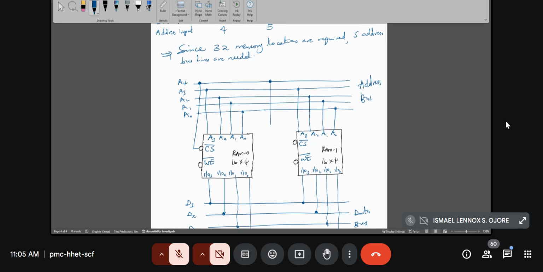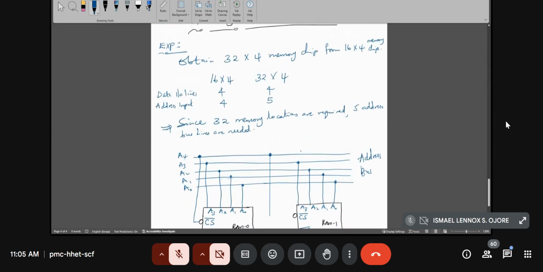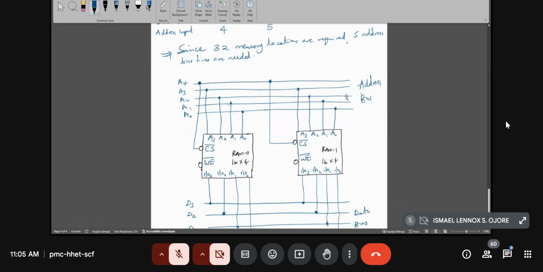Do we connect this as such as well? Would that be useful? If we connect it as such, we will not be able to select one and disable the other simultaneously.